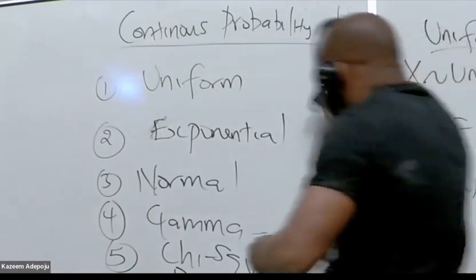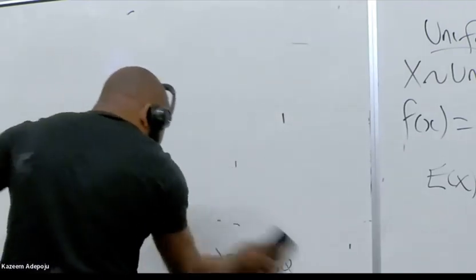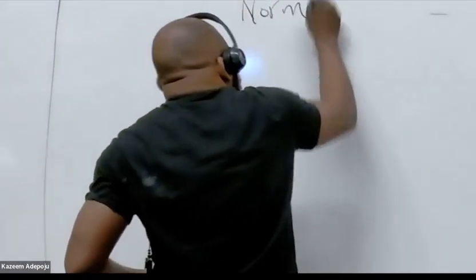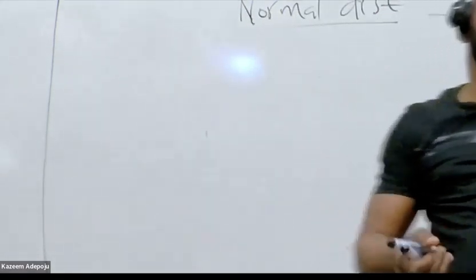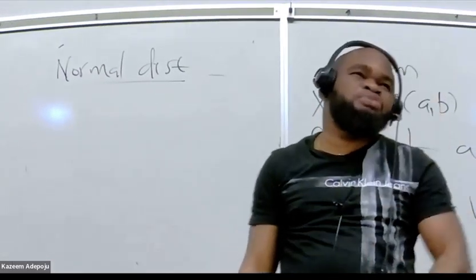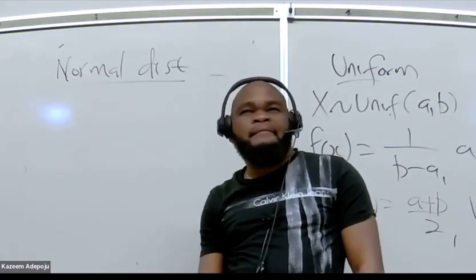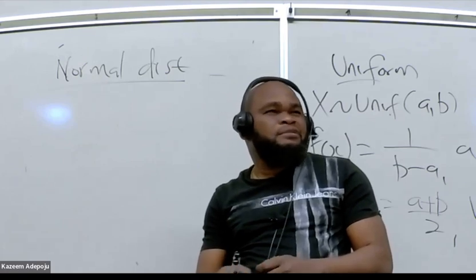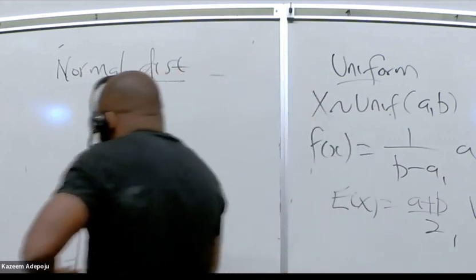After uniform, I walked you through the normal distribution. The normal distribution is the most important distribution in statistics and in research generally because of its simplicity. There are two parameters in the normal distribution.